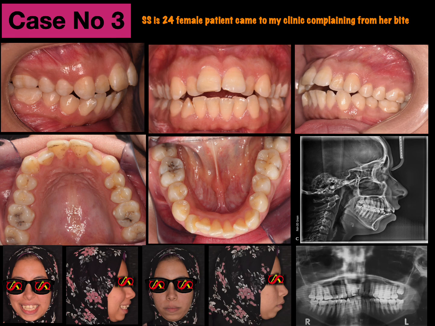When you assess the patient from the lateral view, profile smile and lateral ceph, you conclude that the patient has proclined upper and lower incisors and moderate crowding in the upper and lower arches. So I decided here to extract the upper and lower fours to correct the inclination of the upper incisors and correct the crowding.